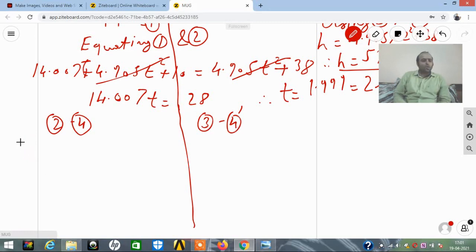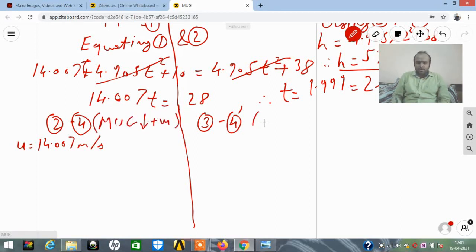Here u is equal to 14.007 meter per second, taking downward sense as positive. Even over here, downward sense as positive. t is equal to 2 seconds.